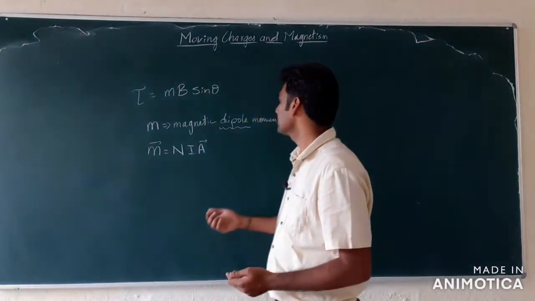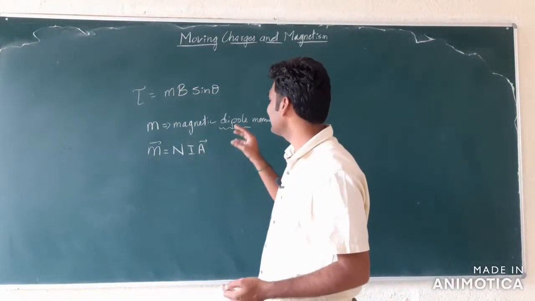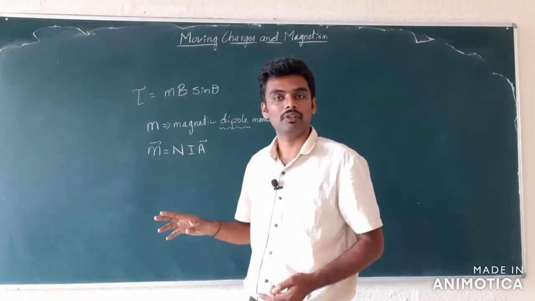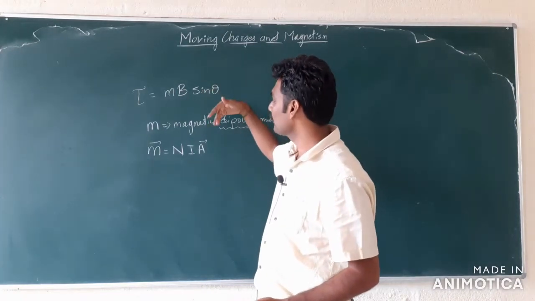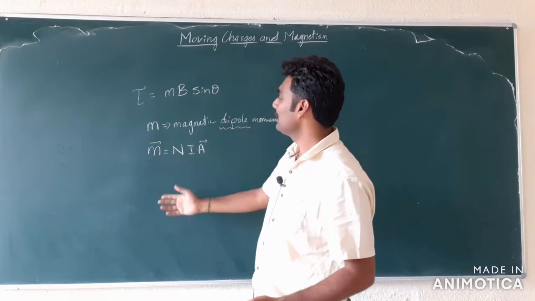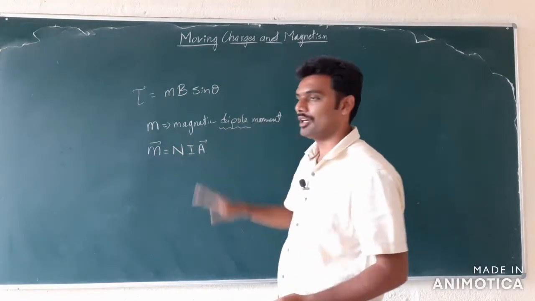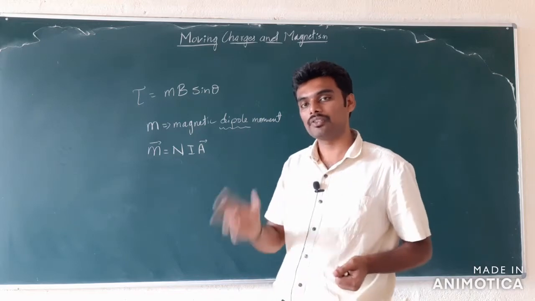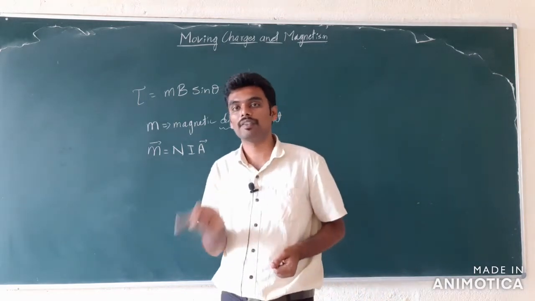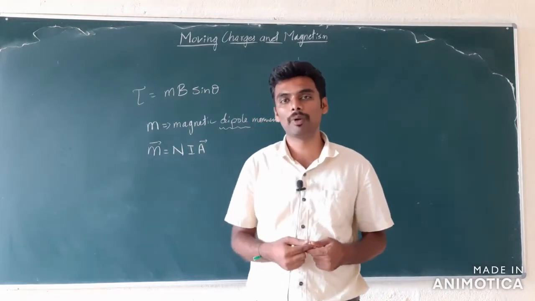But here we have not yet seen a magnetic dipole, but in order to get the similarity, we have directly introduced the term magnetic dipole moment, isn't it? There in electrostatics, we first defined electric dipole, then we defined electric dipole moment.